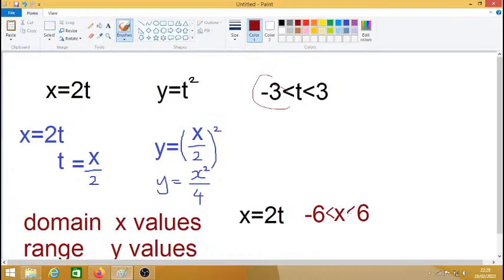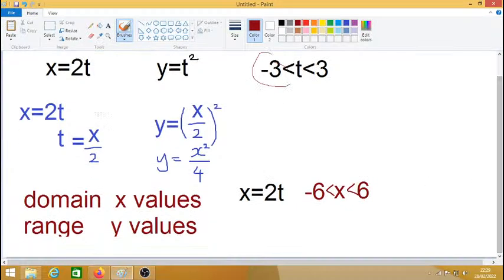We can do the same for the range by just looking at the y equation. The y equation is this one here, y equals t squared. So let's think what happens when we put in the lowest and the biggest t we can. Sometimes it's not about putting in the lowest and the biggest, but whatever we can do from the range of t values to get the biggest y and the smallest y.